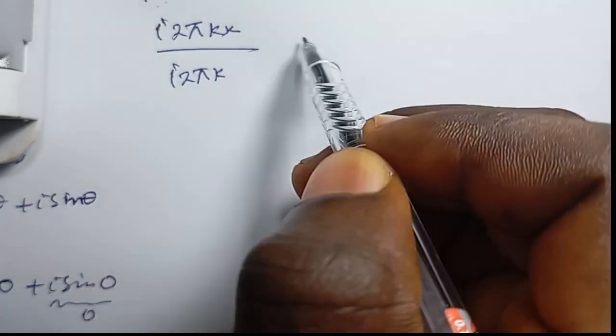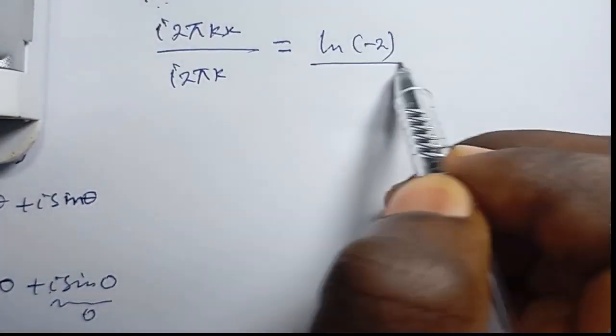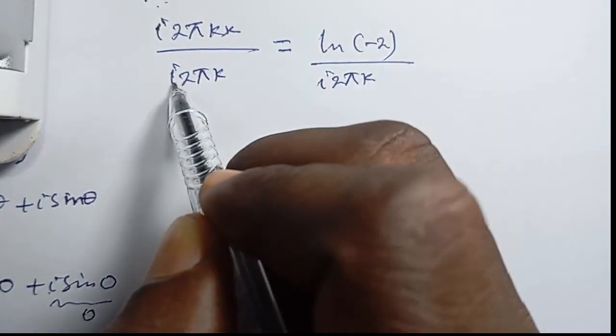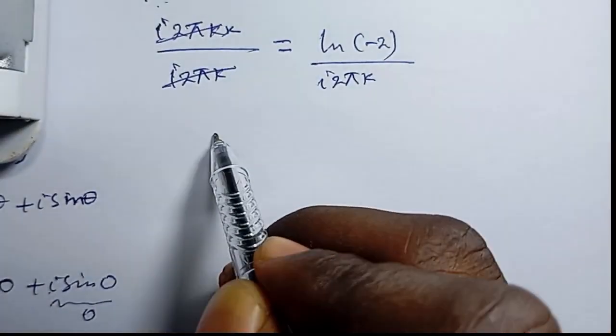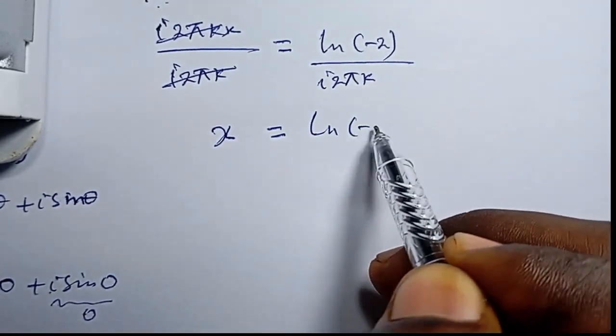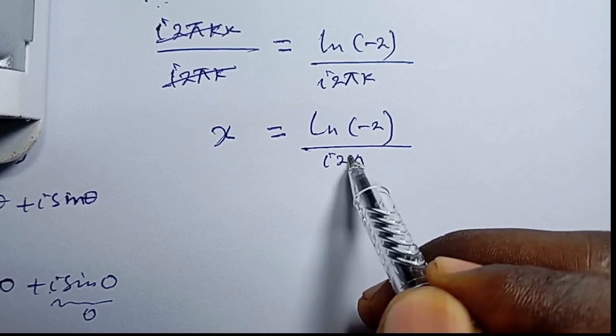So this is going to cancel this, and we have x equal to the natural log of negative 2 divided by i 2 pi k.